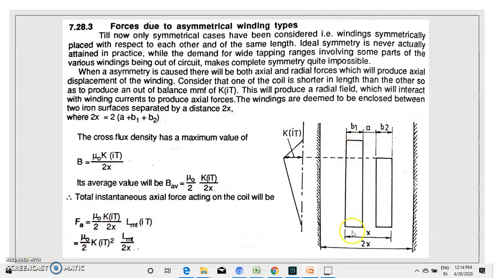Here you can observe one coil and another shortened coil, the first coil having a width of B1 and another having a width of B2, and these two coils are separated by A. The total distance x is b1 plus a plus b2, and the two iron surfaces are separated by the distance 2x, that is 2 into (a plus b1 plus b2).